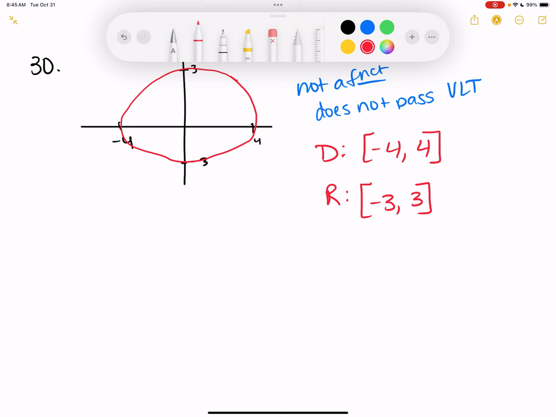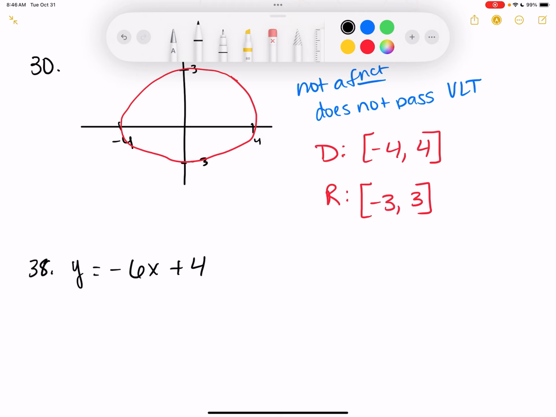Okay. Next thing. All right, decide whether each relation defines y as a function of x, give the domain and range. So 38, y equals -6x plus 4. If I were to graph this, what would it graph?